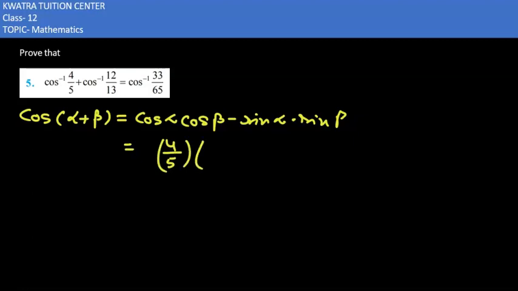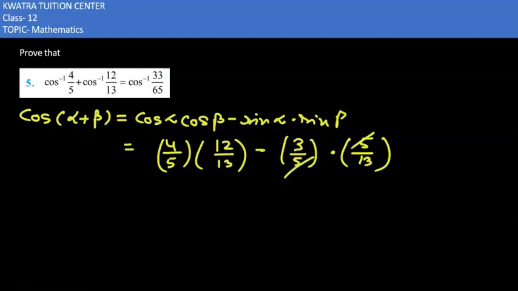We can write cos alpha cos beta minus sin alpha multiplied by sin beta. So here we have to place our values. Cos alpha is 4 by 5, cos beta is 12 by 13, now minus 3 by 5, which is sin alpha, multiplied by sin beta, which is 5 by 13.